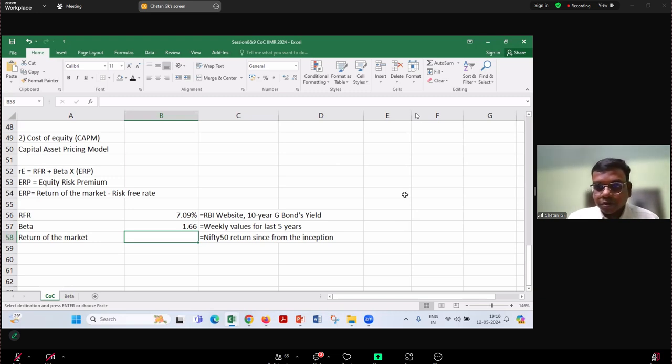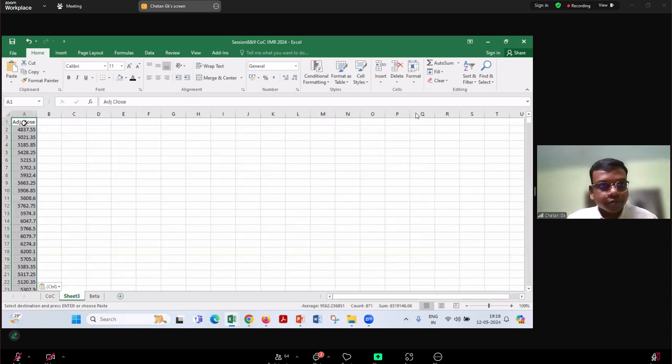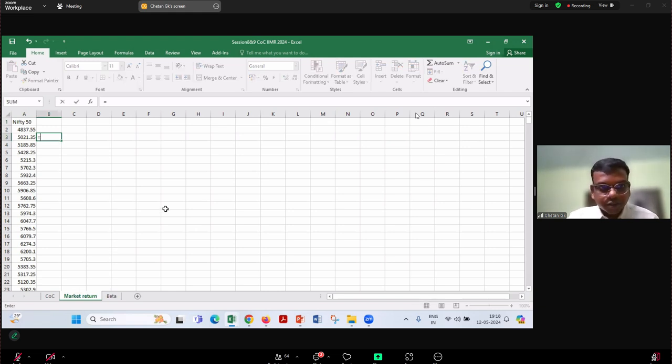So this is Nifty 50. I call this as market return. So that is this minus this.